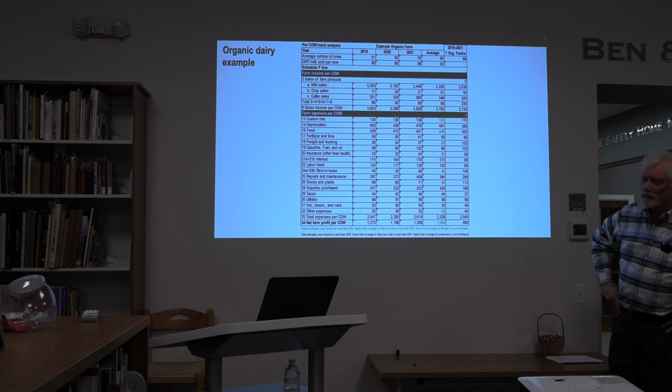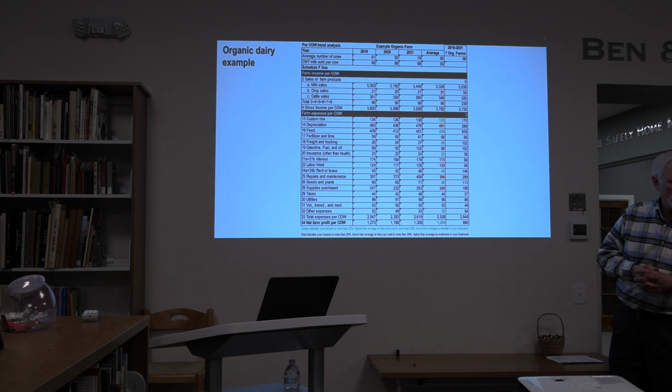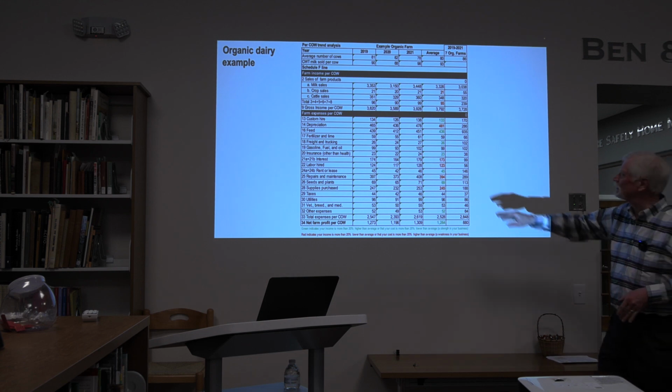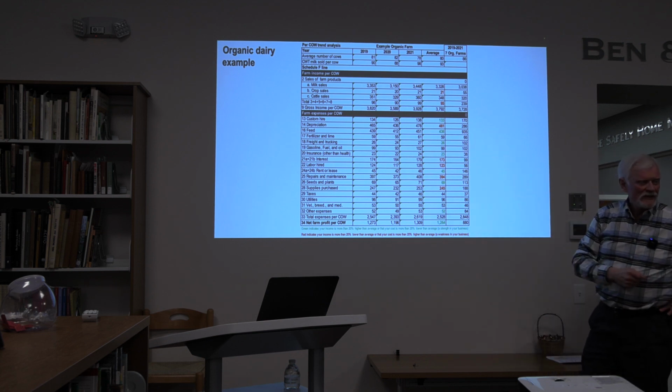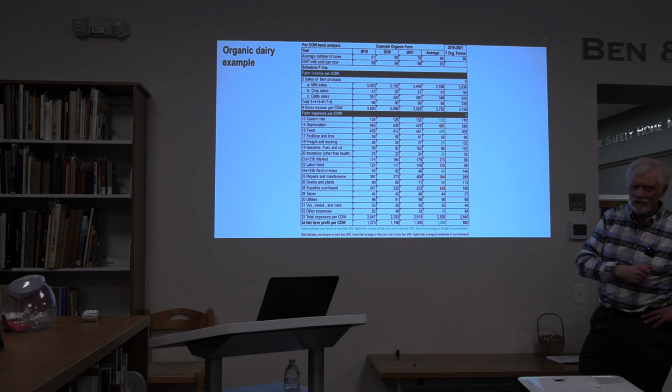Or it could be that I'm buying organic dairy cows, but in this case, that's not happening. So it is machinery. It could be I put up a building or something that I didn't need. But not only is it much higher than my competitors, there's another big problem here.